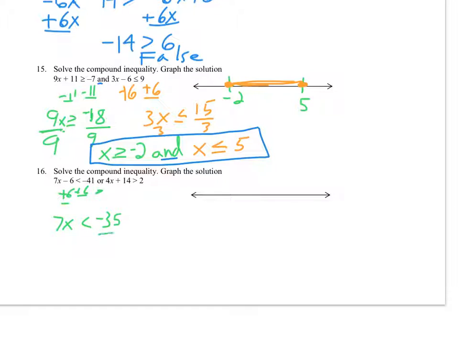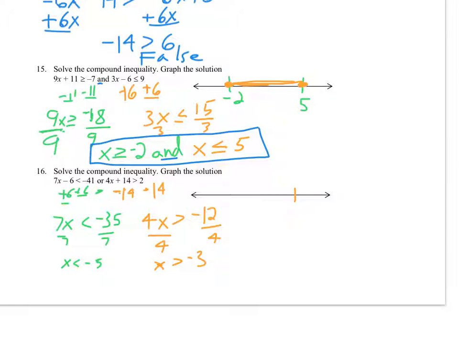That works out nicely because when we divide by the 7, we get x is less than negative 5. Same sort of thing here, subtract the 14 from both sides. That gives us 4x is greater than negative 12. That works out nicely as well. We just get x is greater than negative 3.